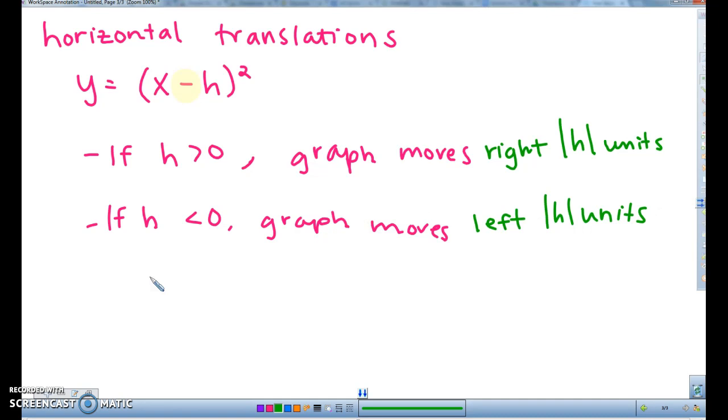Okay? So, and when I say it's tricky, here's kind of why. So let's say, for example, we have g of x equal to x minus 3 quantity squared. Well, it looks like a -3, but remember our form is supposed to be minus h. So really that h is equal to 3, which is greater than 0.